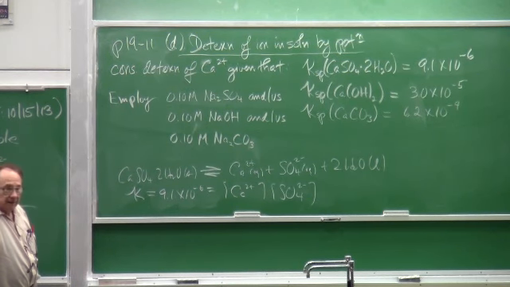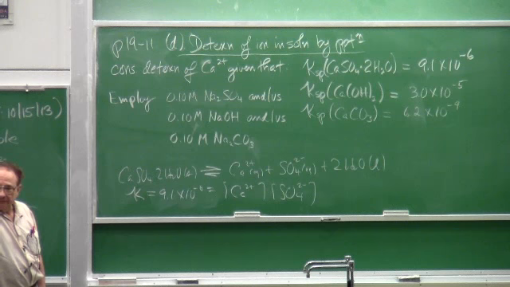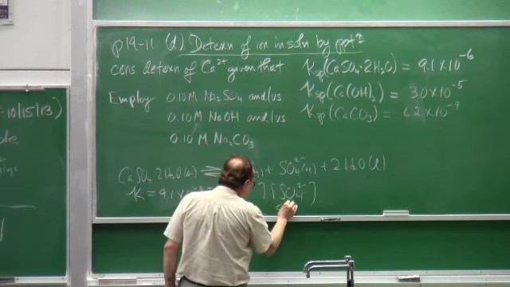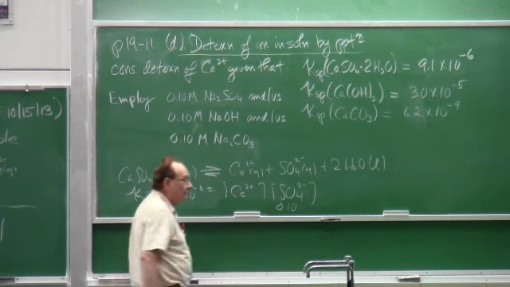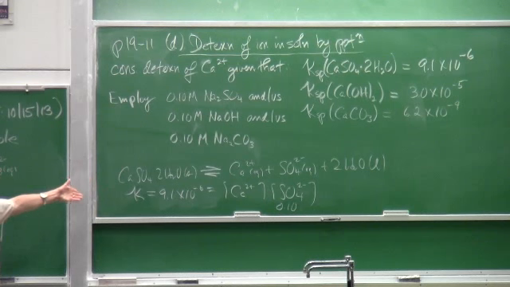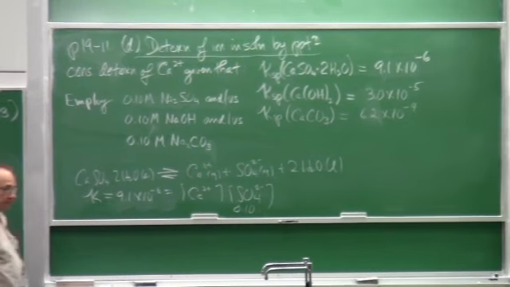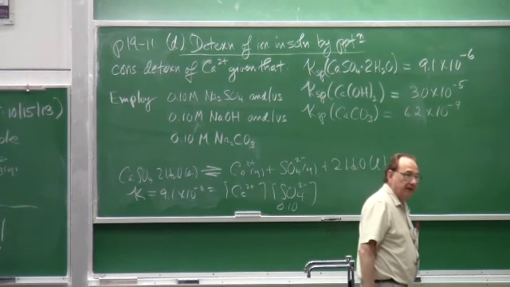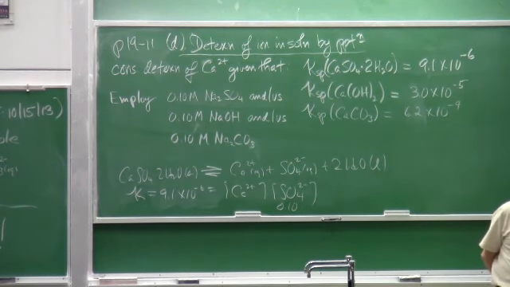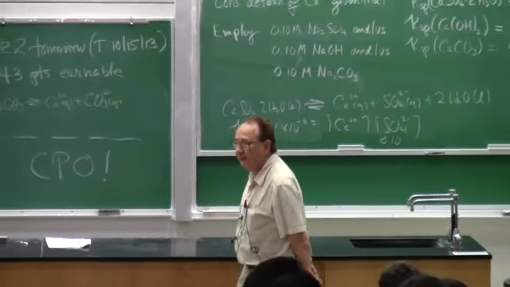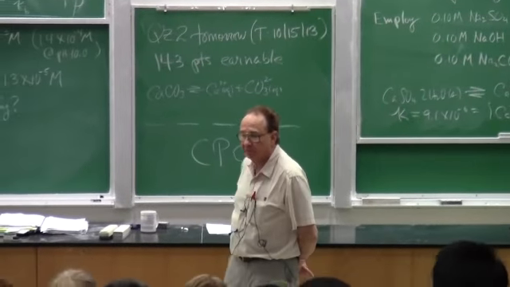And if sulfate ion is my precipitating agent, and sulfate ion is present at a molarity of 0.10, then tell me, at what calcium ion molarity, by using sulfate ion at 10th molar, can I expect to get calcium sulfate dihydrate precipitate?